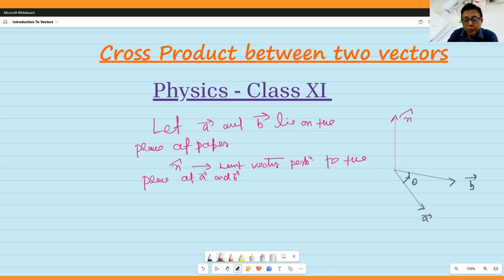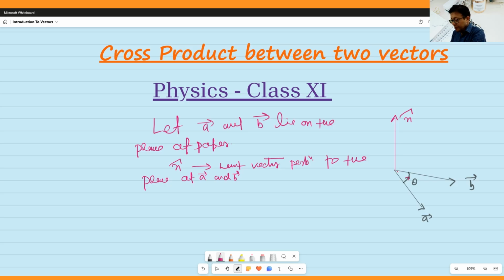If we are taking vectors A and B in the plane of paper, n cap is coming out or going in. But here we are taking coming out, because the sense of angle also matters. The sense of rotation also matters.